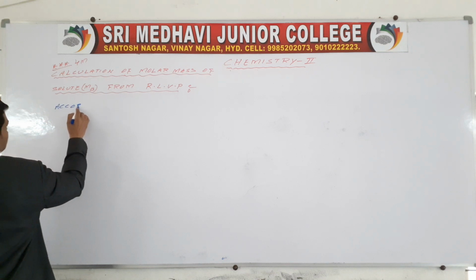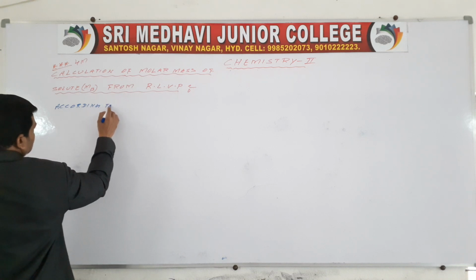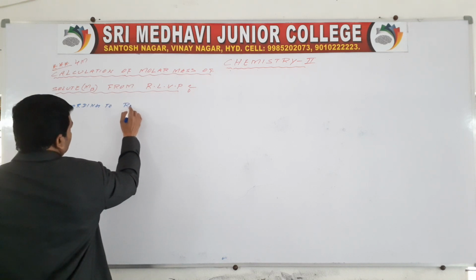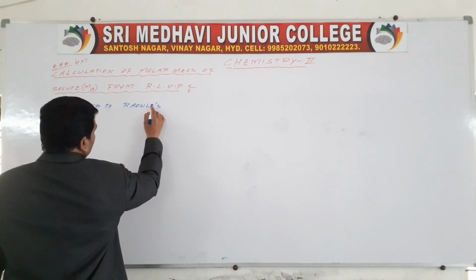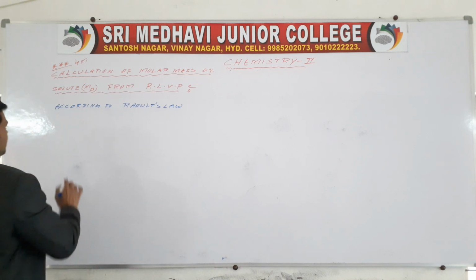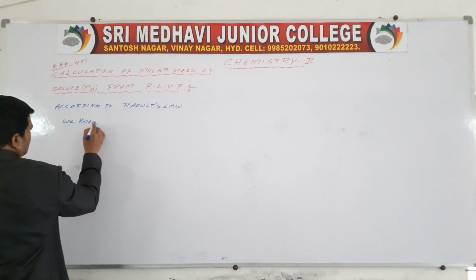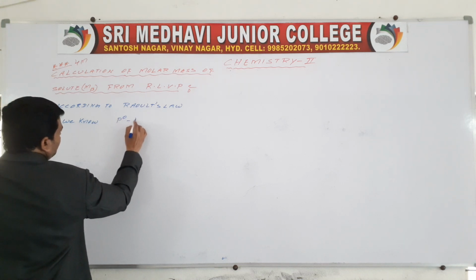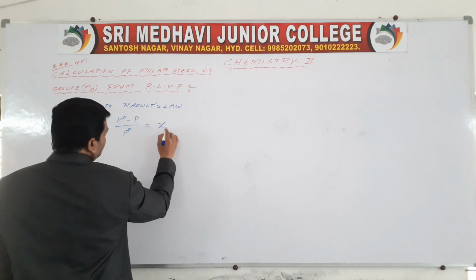according to Raoult's law, we know P naught minus P by P naught equal to XB.